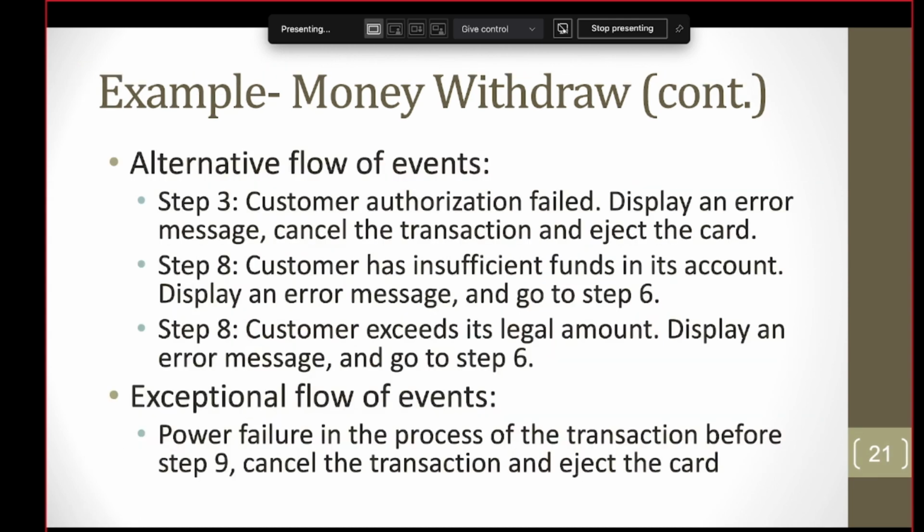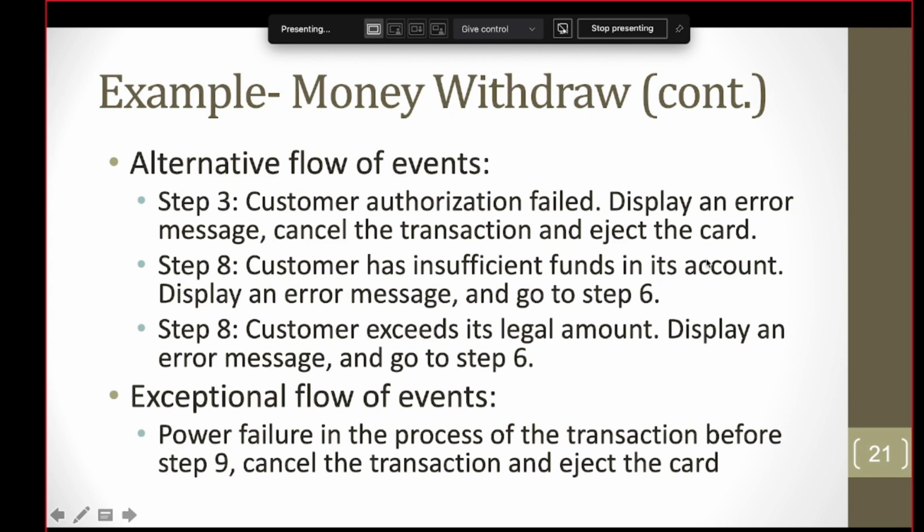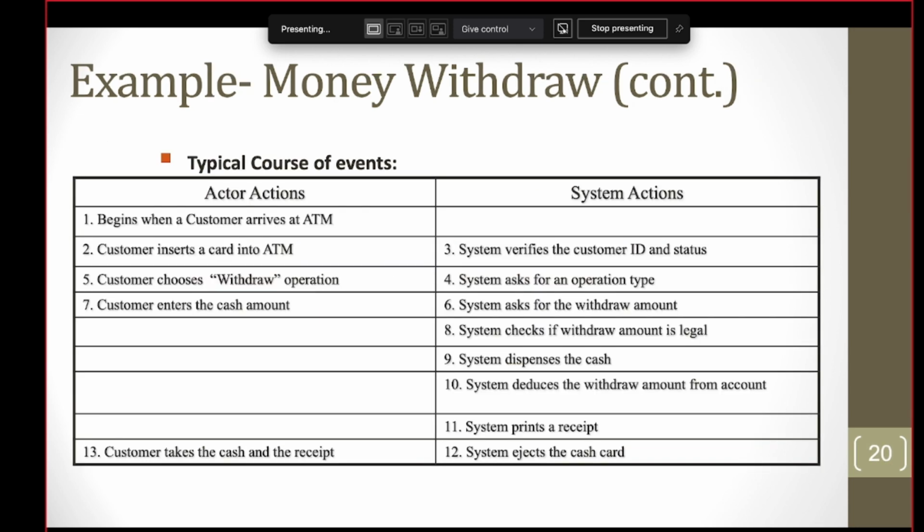Okay, and if you come to the alternate flow, from step 3, the system verifies the ID and status. If customer authorization failed, display an error message, cancel the transaction and eject the card. And step 8 as well: the system checks if the withdrawal amount is legal.